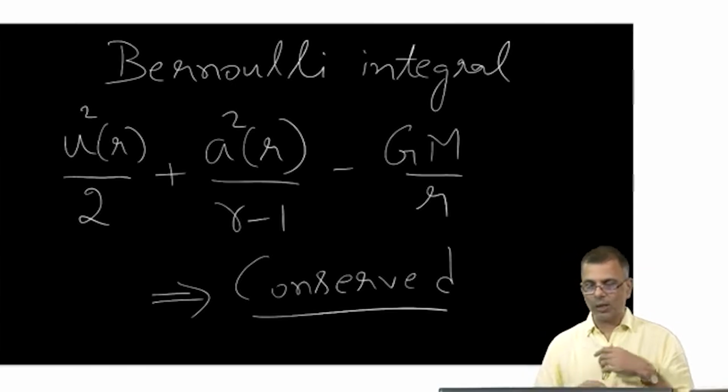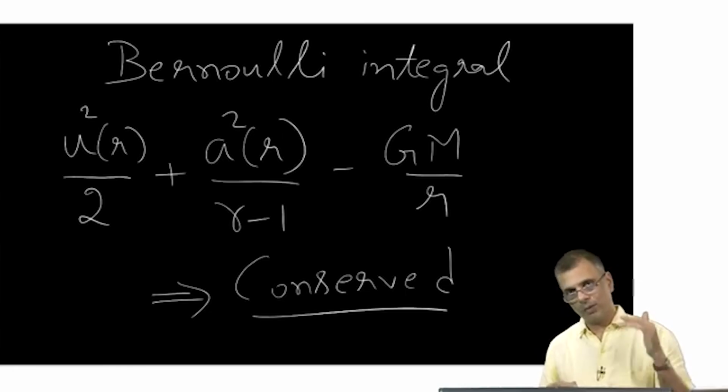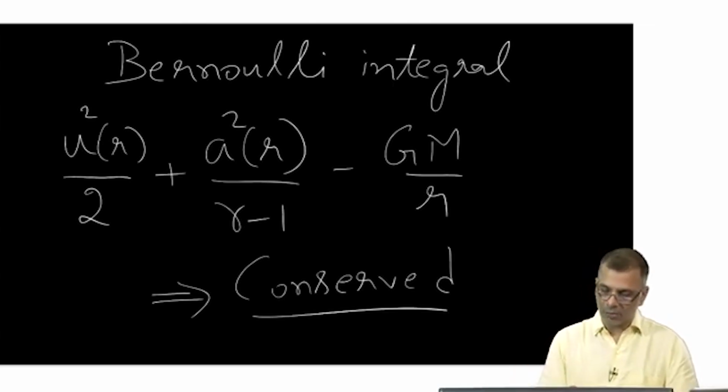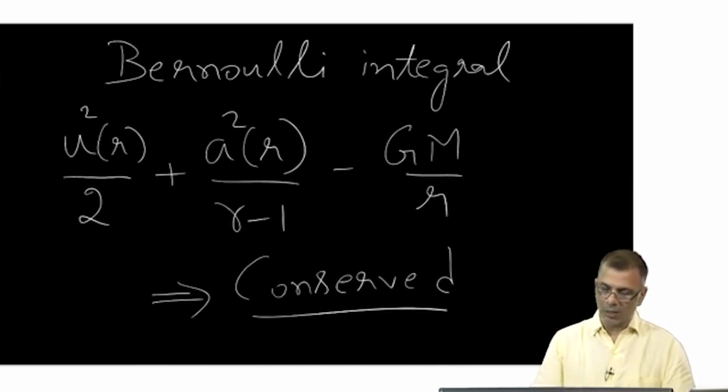So we will not repeat the discussion. We will assume that you're already familiar with the discussion that has taken place, but we will recast the conserved quantities and everything in terms of this Bernoulli integral. When we take up this discussion once again, we will use this conserved energy.